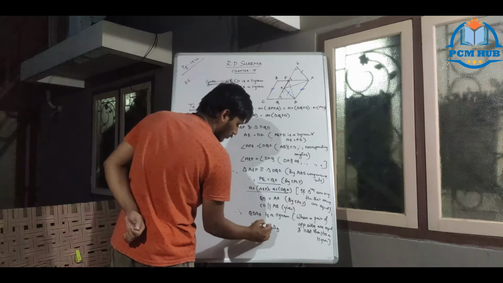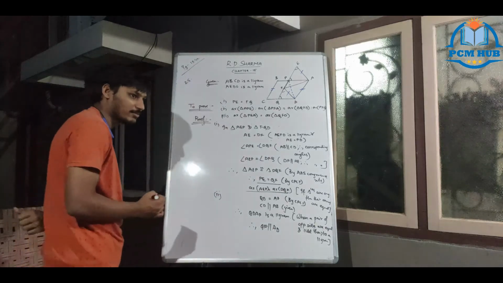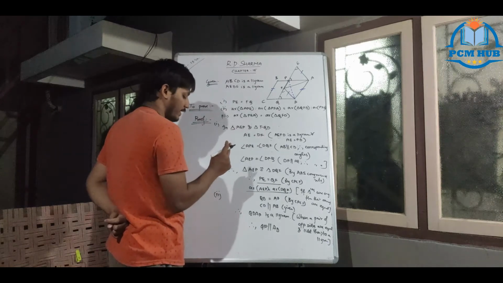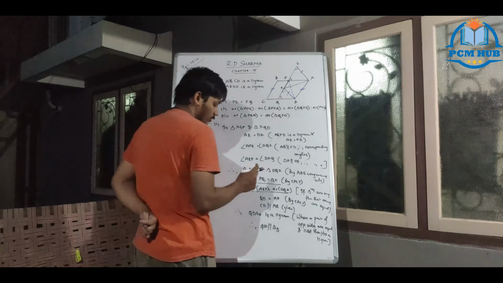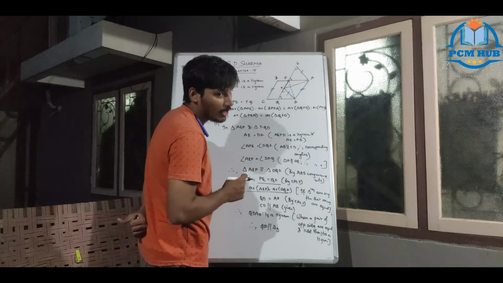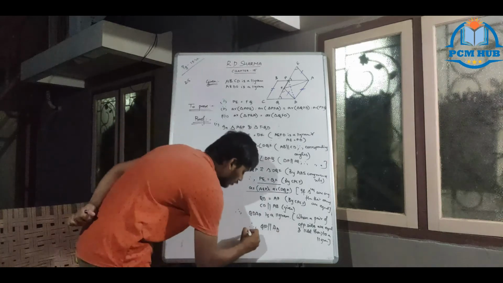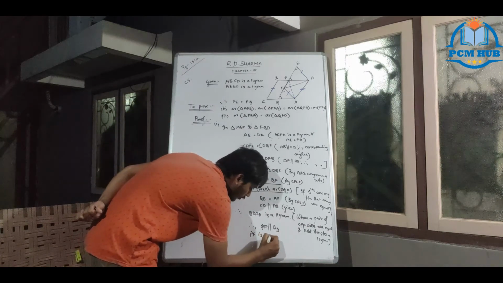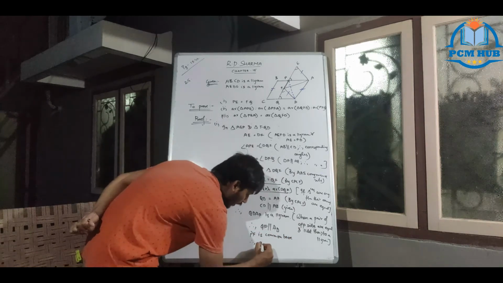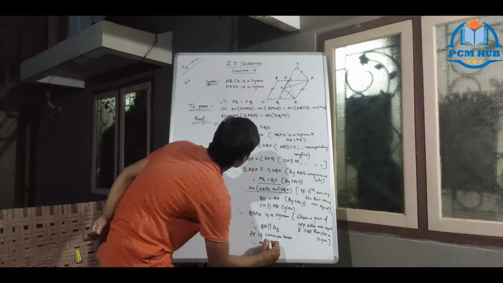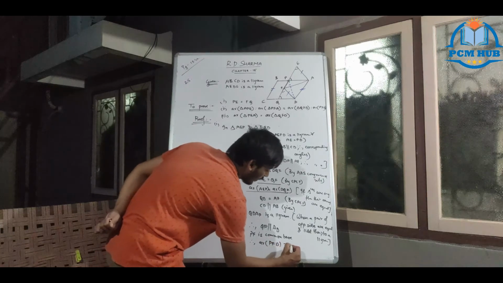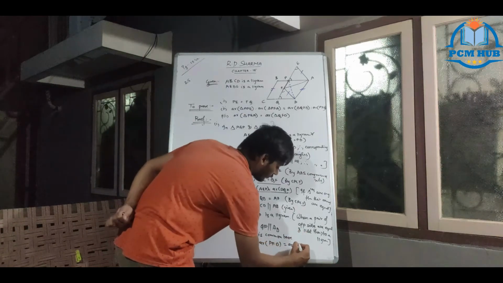That is QP. QP is parallel to AD. Therefore, PF is the common base. Therefore, area of PFD equal to area of PFA.